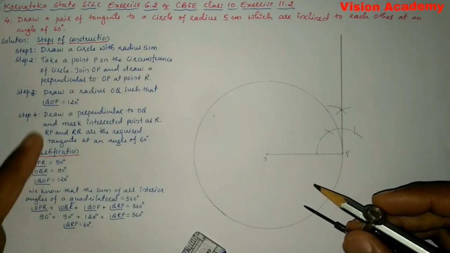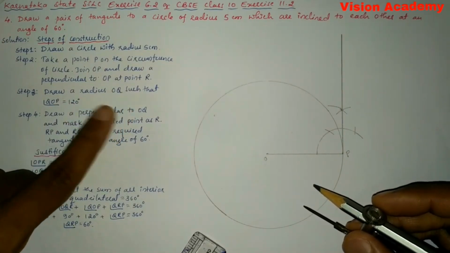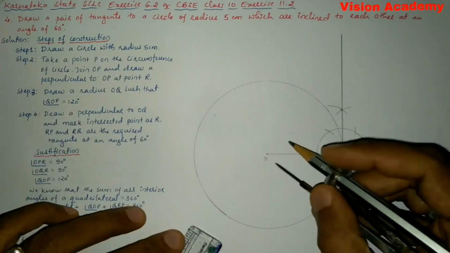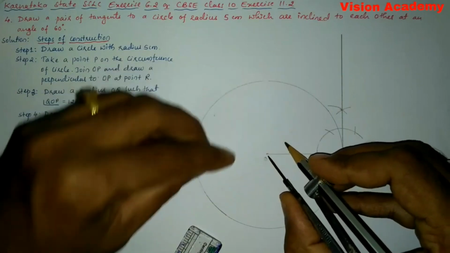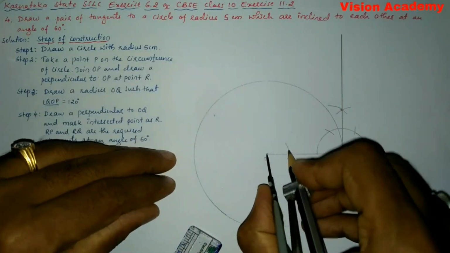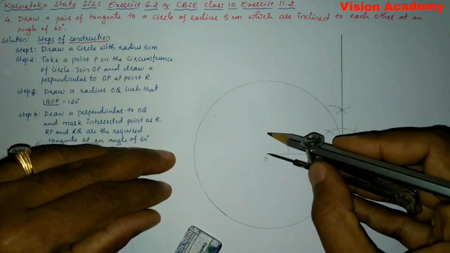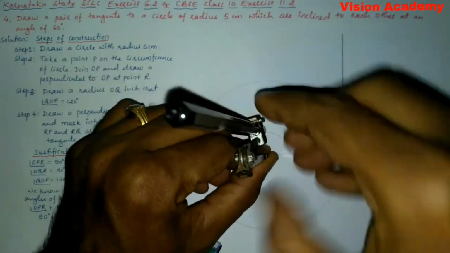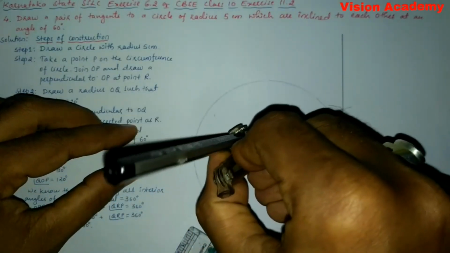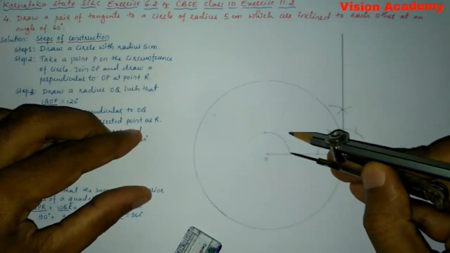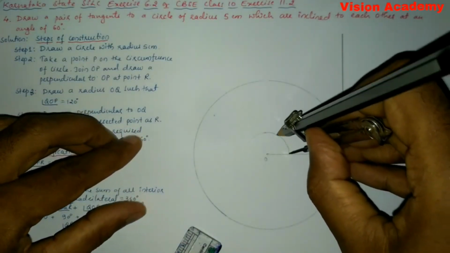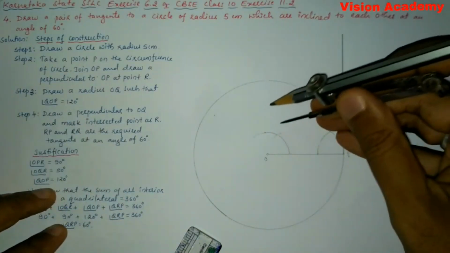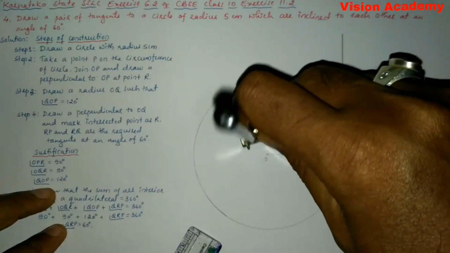Now let us move on to step 3. Draw a radius OQ such that angle QOP is equal to 120 degree. So in order to draw 120 degree, let us draw one arc from point O. Keeping on this point, let us cut here and keeping on this point, let us cut here.